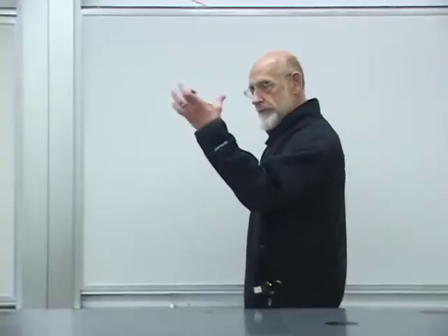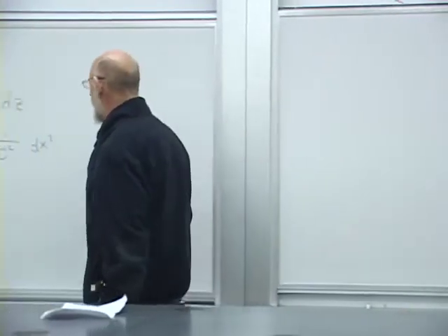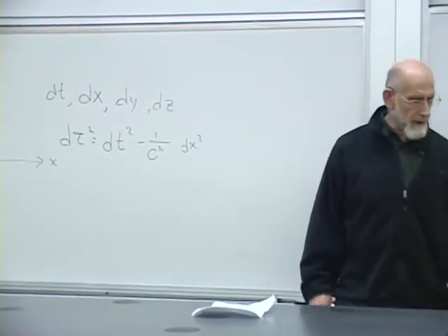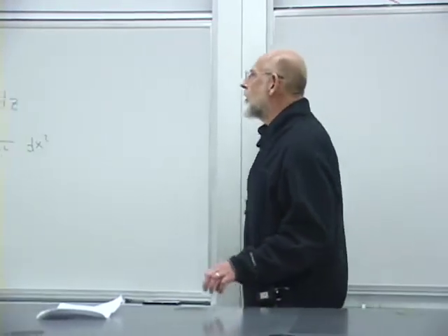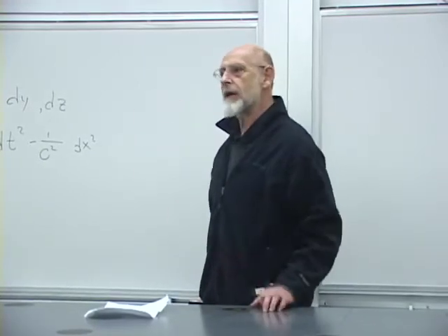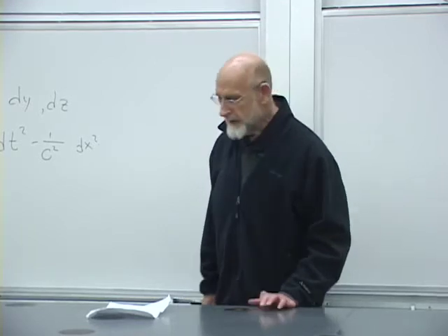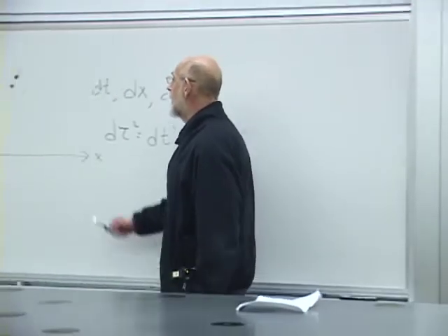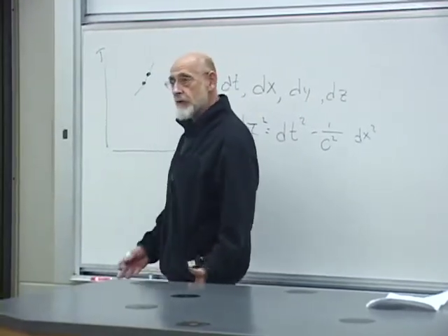Little infinitesimal separations along the light ray have only a dx and a dt. The rule about light rays is that along the trajectory of a light ray, the proper time is 0. Somebody traveling with a light ray, if you could, which you can't, would discover that the clock stands still, which is another way of saying that the proper time along the trajectory of a light wave is 0.